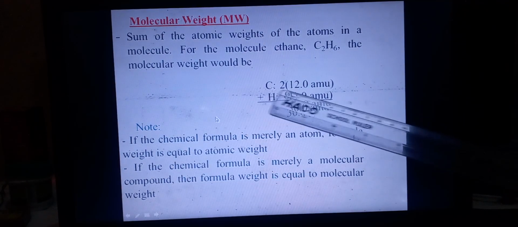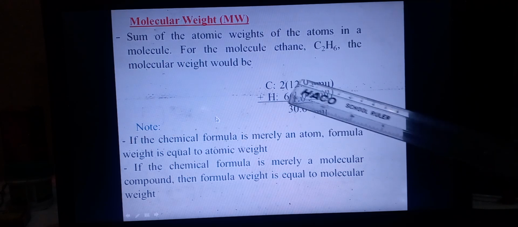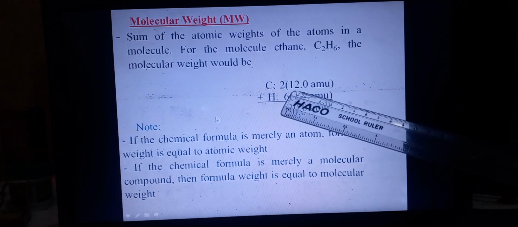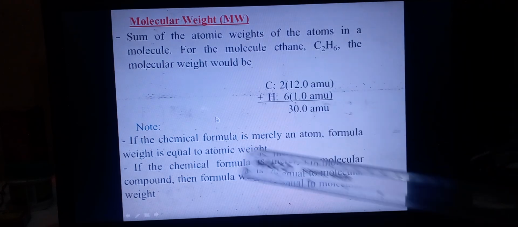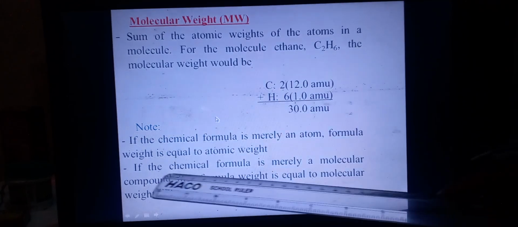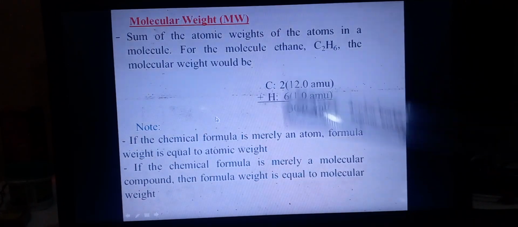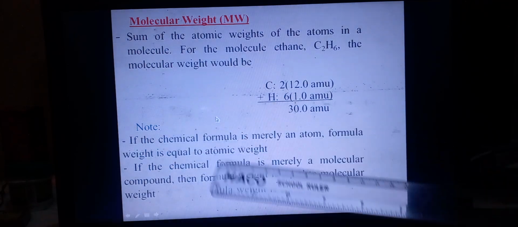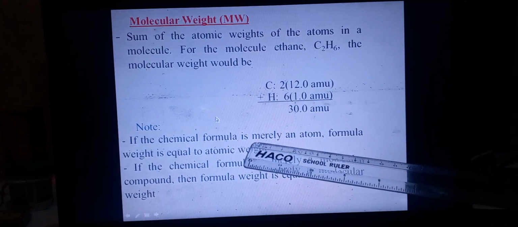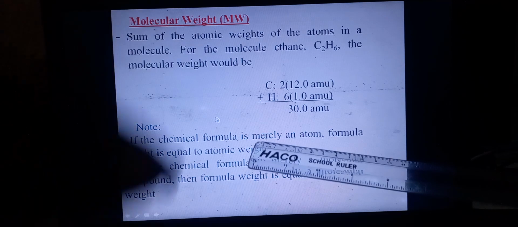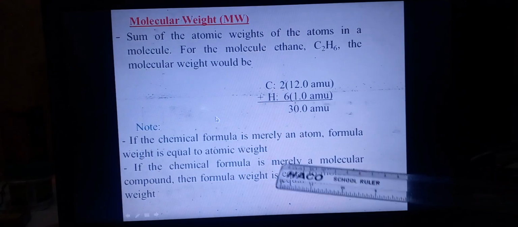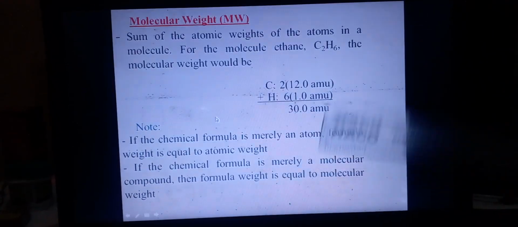The atom of carbon has a mass of 12, so that is the formula weight of carbon. It's just the same. So the formula weight is the same as the relative atomic mass of a given element. If it is sodium, it's normally 23. So the relative atomic mass of sodium is the same as its molar mass, which is 23.